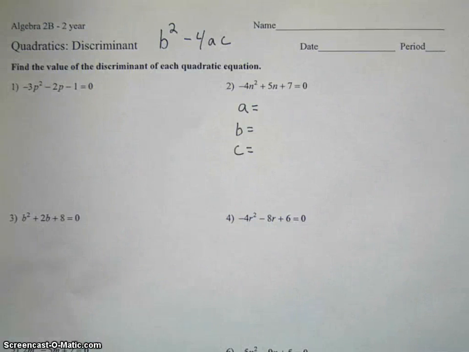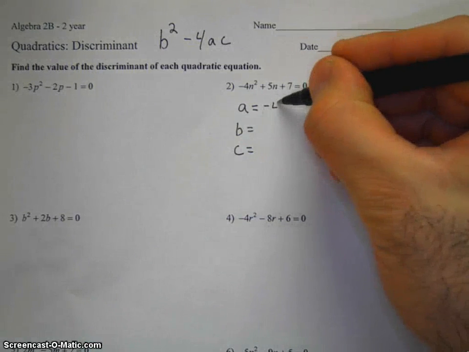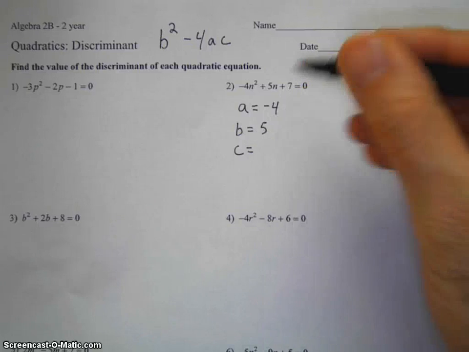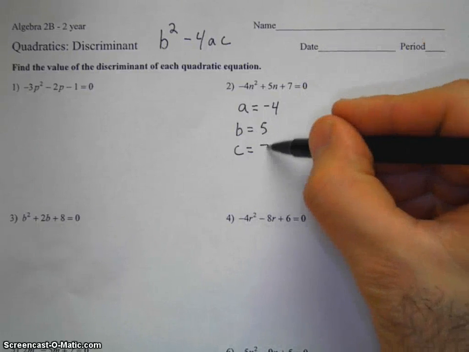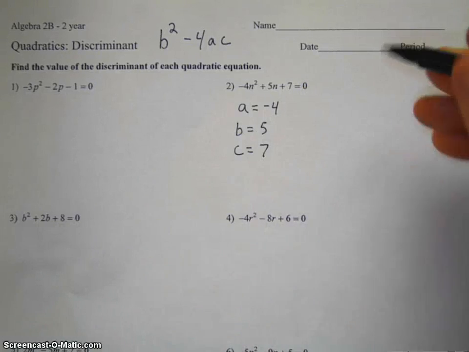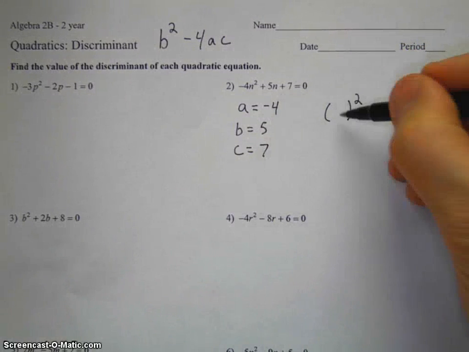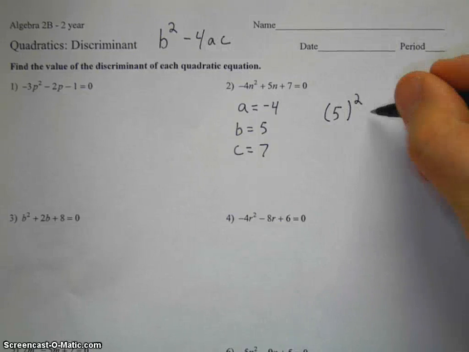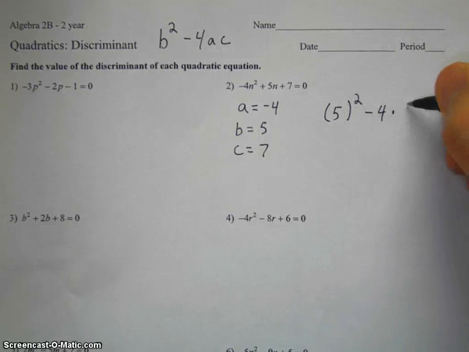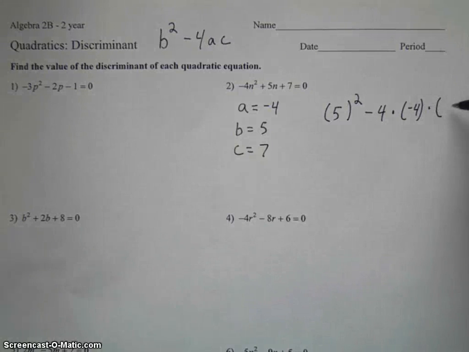So in number 2, my a is negative 4, my b is 5, and my c is 7. So I'm going to use parentheses with the squared. My b is 5 minus 4 times negative 4 times 7. I'm going to plug that right in my calculator as you see it.